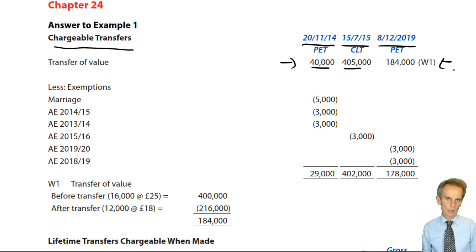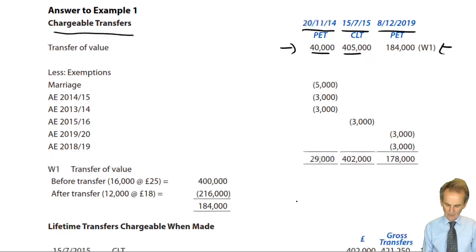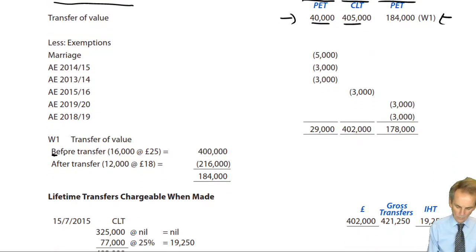That was the classic transfer of value exercise, the difference between what we had before and what we had after the transfer. We had 16,000 shares prior to the gift of those shares. That was an 80% interest, and they were valued at £25 a share.